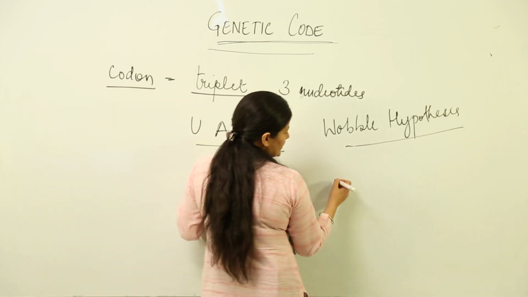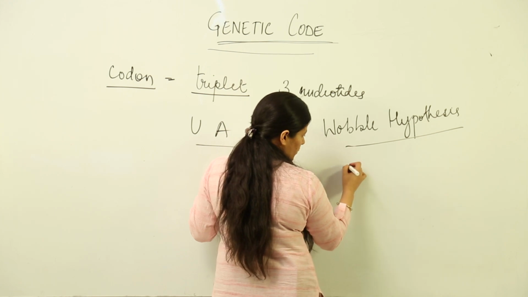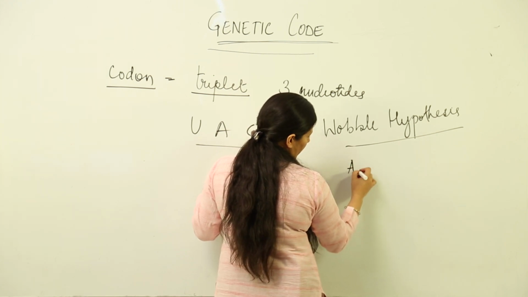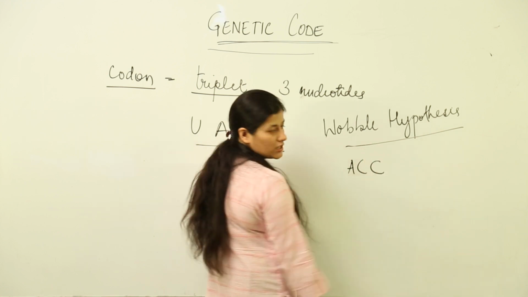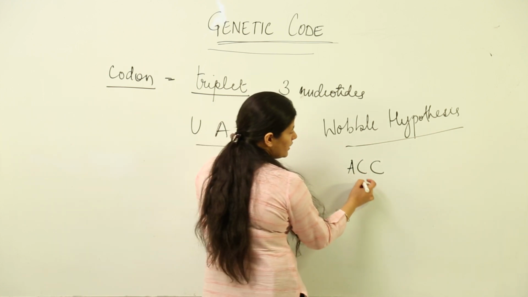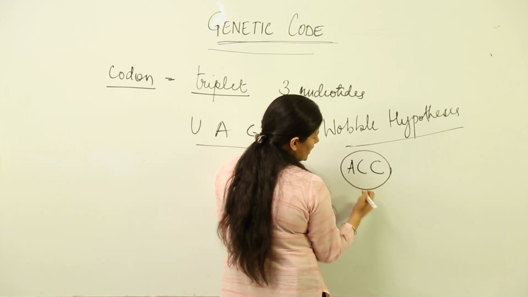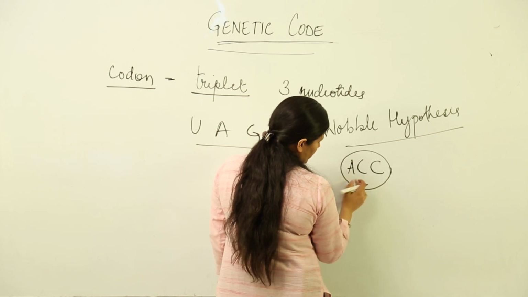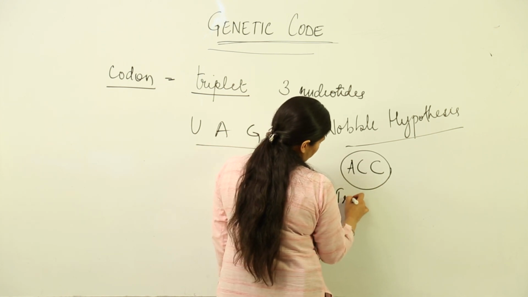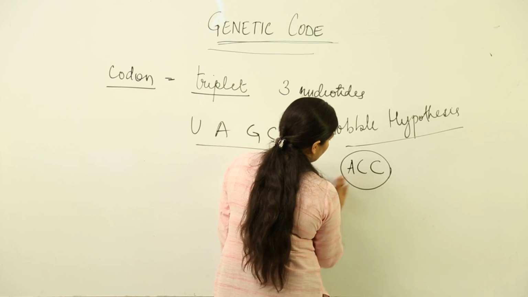So, the wobble hypothesis says that because an amino acid is coded by a triplet, supposedly A, C, C is the triplet, alright. So, if the amino acid is to be coded, supposedly I am talking about glycine, for an example.